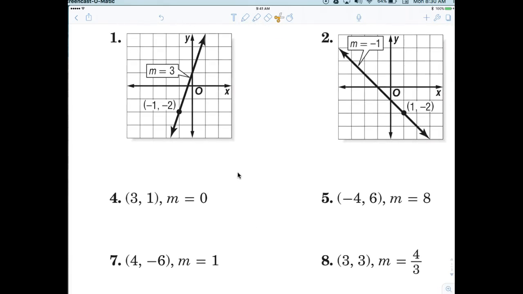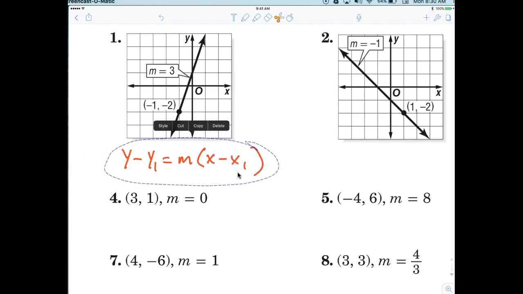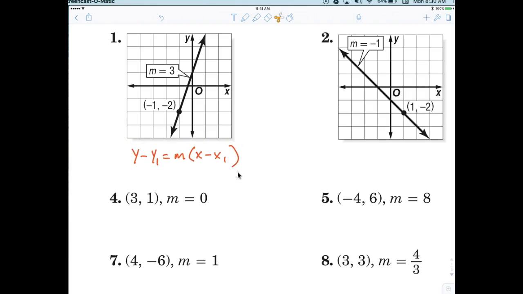So with that in mind, I'm going to come down to question number 1. And again, you are going to really be amazed. This is even easier than last week. There's just a second method. Now, what is the slope of the line for number 1? 3, because they're telling you.